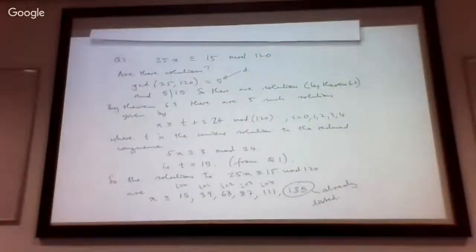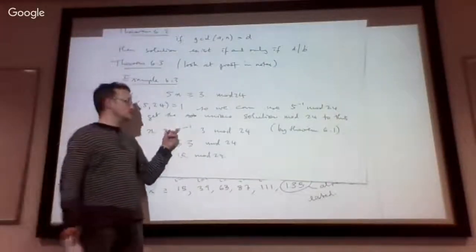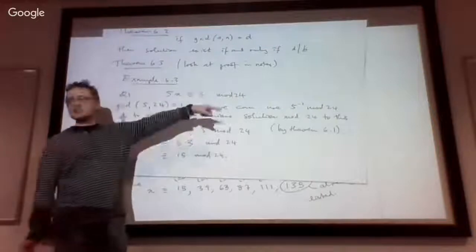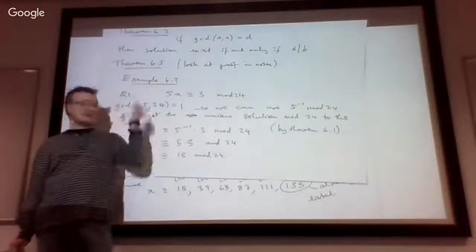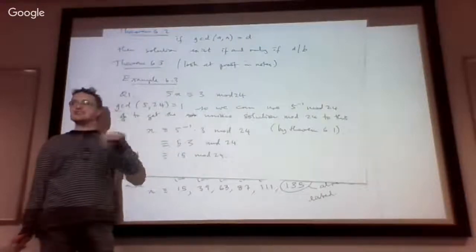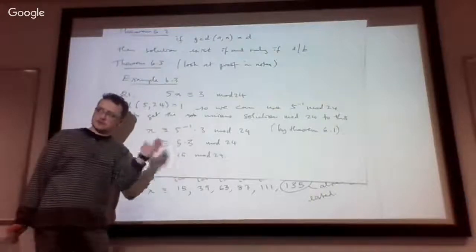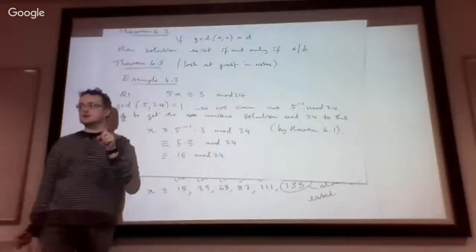You said 5 inverse multiplied by 3 is congruent to 5 multiplied by 3. Why? Back here, what is 5 inverse? This is 5 inverse modulo 24, which happens to be 5. 5 is self-inverse modulo 24, since 5 by 5 is 25, which is congruent to 1 modulo 24.